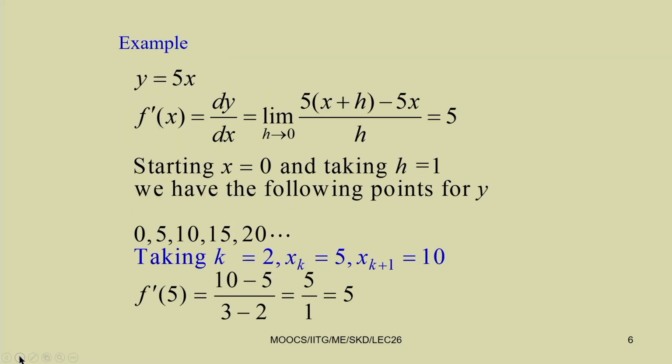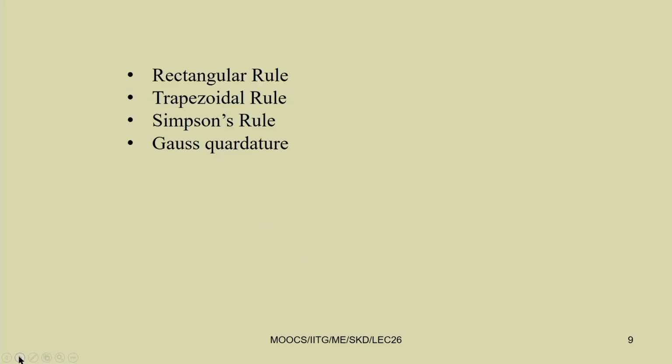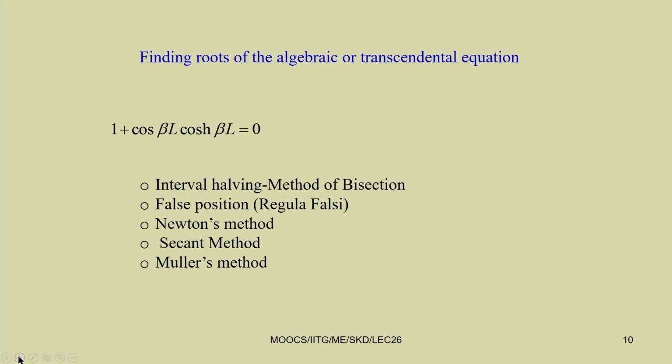Numerical differentiation and numerical integration we have already covered. In numerical integration we discussed the rectangular rule, trapezoidal rule, Simpson's rule, Simpson 1/3 rule and 3/8 rule, and Gauss quadrature. The Gauss quadrature method you have to study on your own.